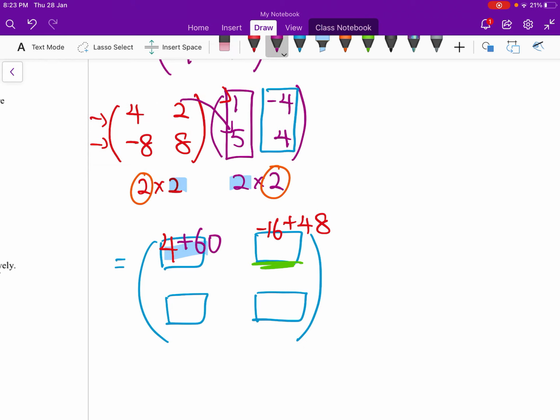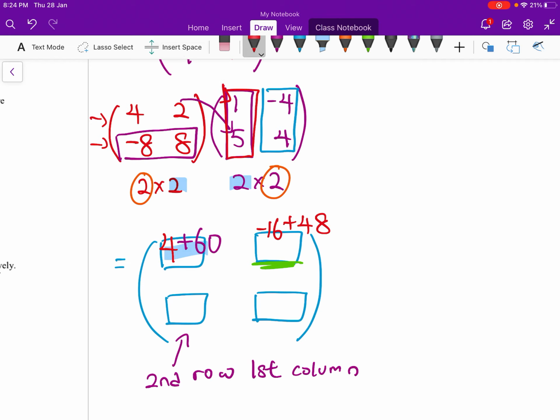Now we want to deal with the second row, first column. Of course we must use the second row times the first column, which is 1 and 5. Negative 8 times 1.